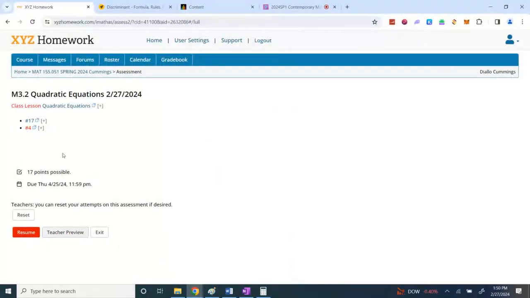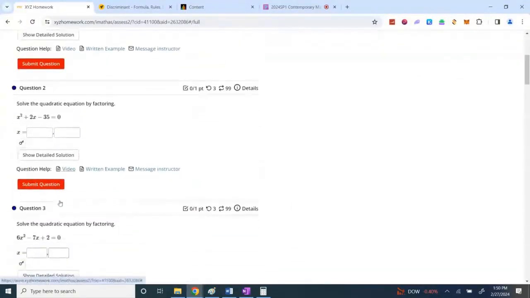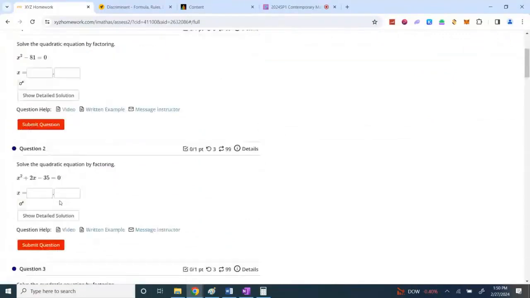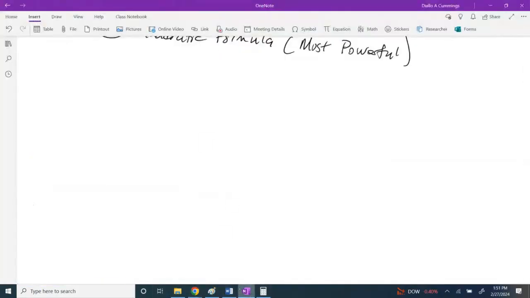So the first method is to factor and use the zero factor property. We'll take the first one. It says x squared minus 81 is equal to 0.